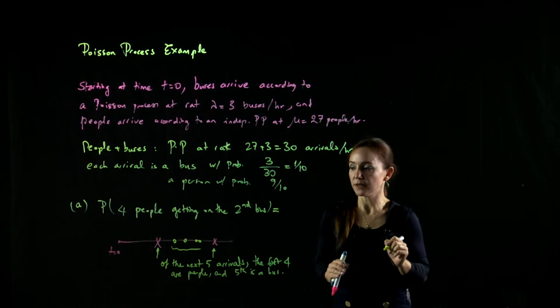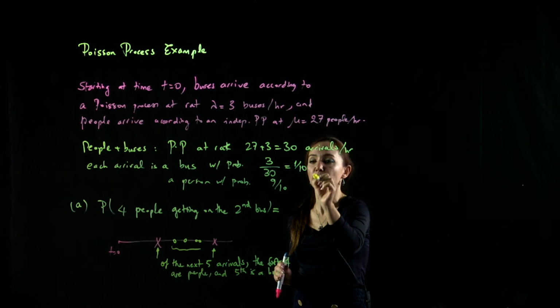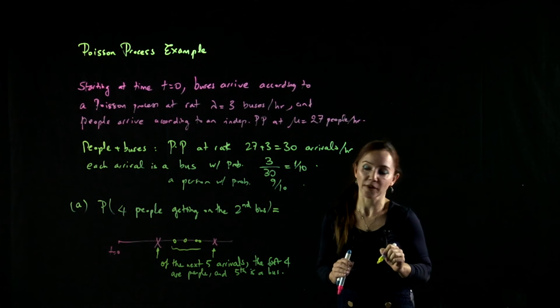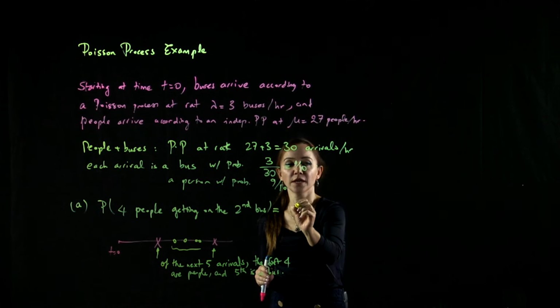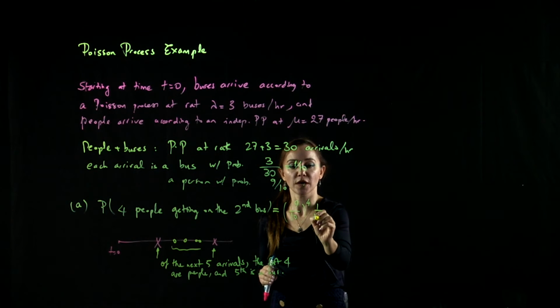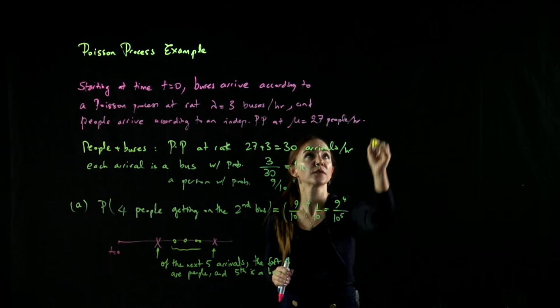Each arrival, as we argued, is a person with probability 9 over 10 and a bus with probability 1 over 10. So this is like Bernoulli trials, and the probability then is 9 over 10 to the 4 times 1 over 10, which is 9 to the 4 over 10 to the 5.